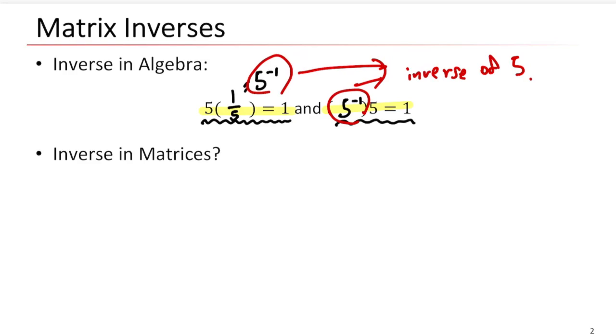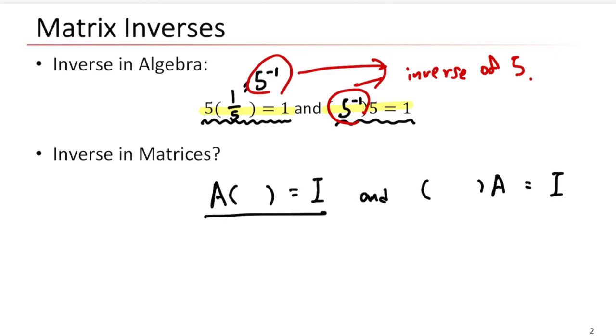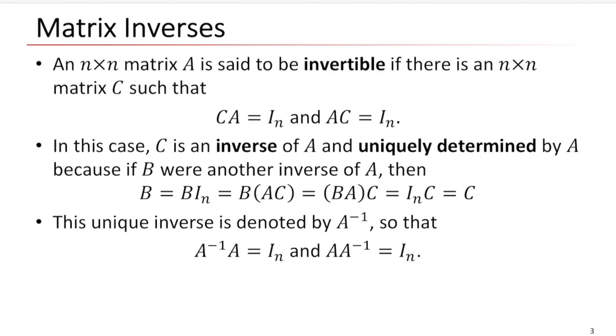Then the same thing happens in the matrix domain. Let's say we have a matrix A, and there is an identity matrix, and what makes these two equations true? What is that? This is the inverse of the matrix. Okay, so let's see what it is.